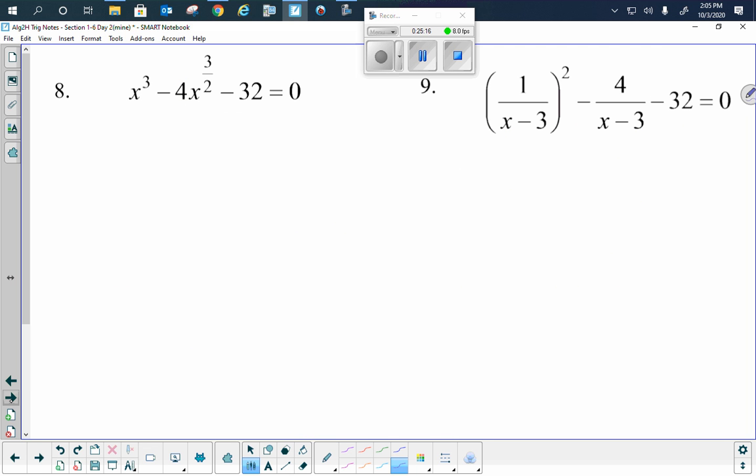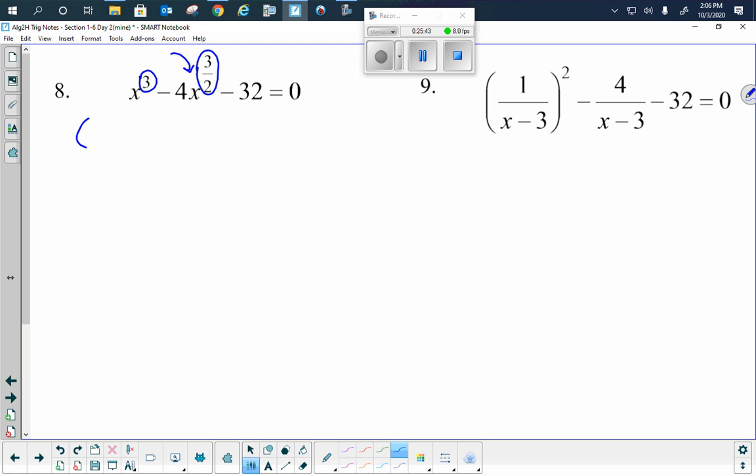All right, in 8 then, again, notice the -4 and the -32. I hope you still see this as 3 terms. Once again, this is a quadratic type because this exponent is half of that exponent, right? 3/2 is half of 3. So again, this one is supposed to be the key.